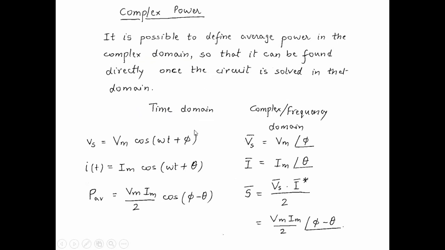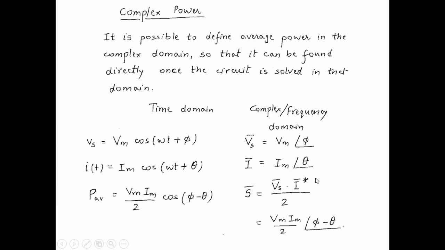So let us compare the time domain and complex domain quantities. If this is the time domain, Vm cos(omega t plus phi), then Vm angle phi is the complex domain quantity, and Im angle theta is the complex domain quantity. The power is Vm Im by 2 cos(phi minus theta).